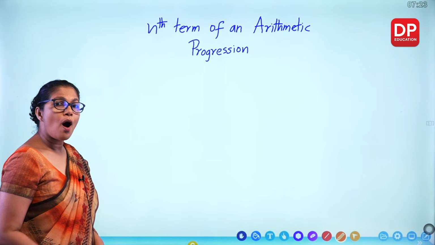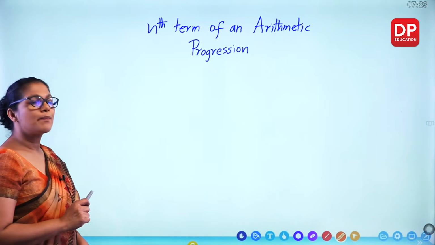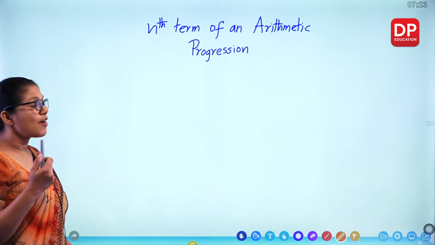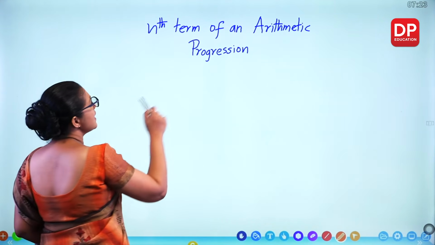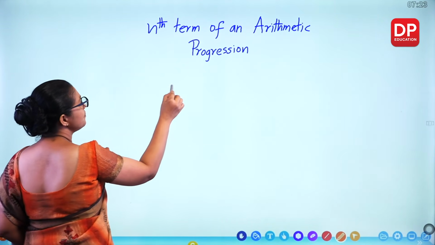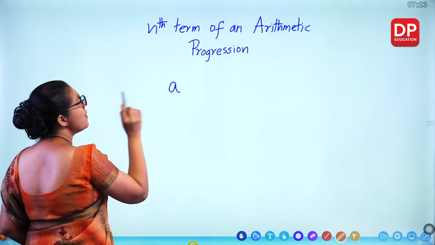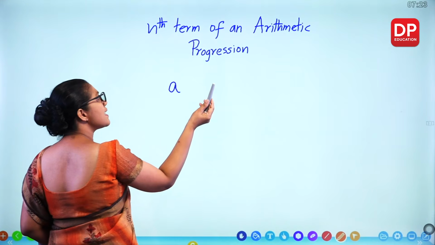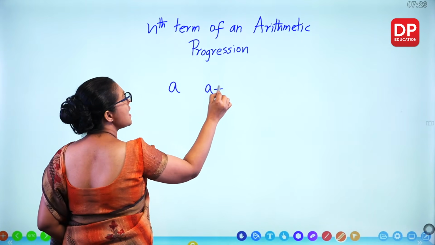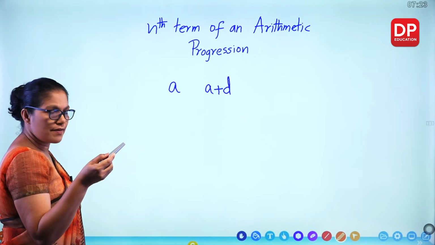Now we'll see how we can find out the nth term of an arithmetic progression. So we'll try to find out a formula. Let's take the first term is A and the common difference is D. So what's the second term? You are getting A plus D, adding the common difference.